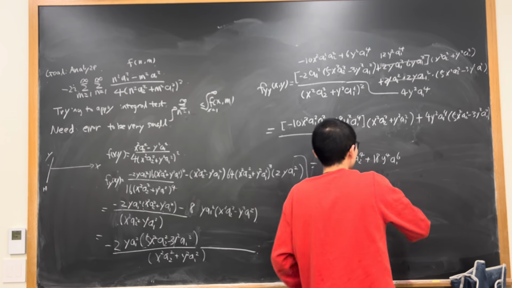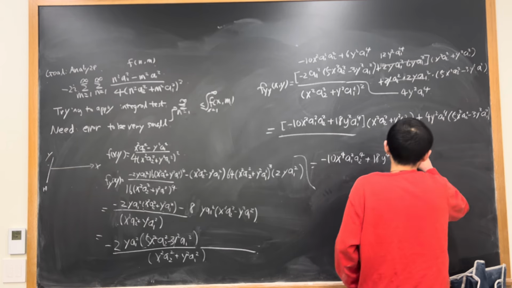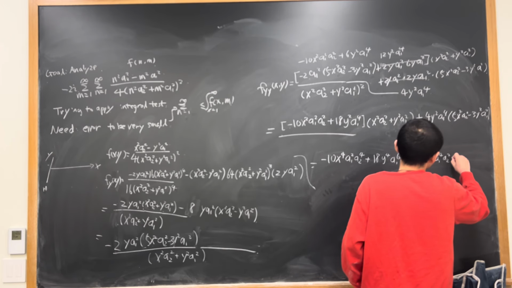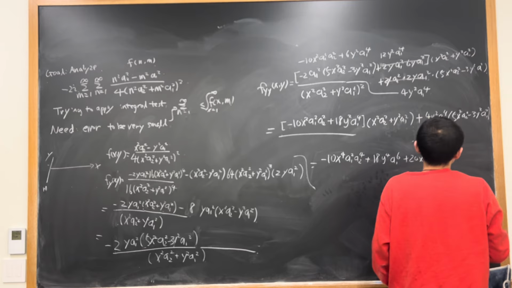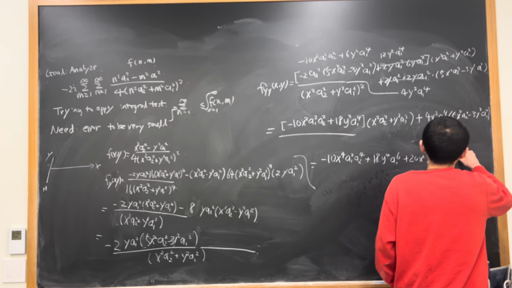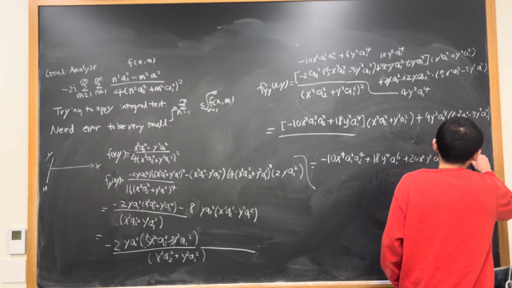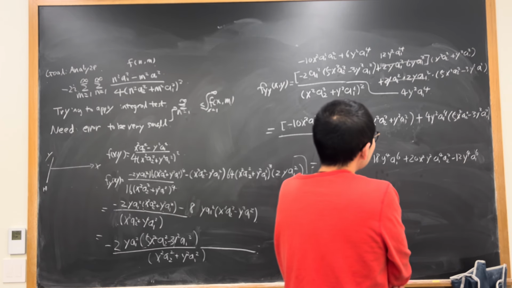Plus this is equal to 20 x squared y squared a1 to the fourth power a2 squared, and then minus 12 y to the fourth power a1 to the sixth power.